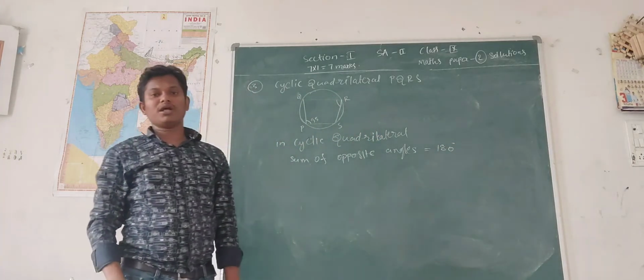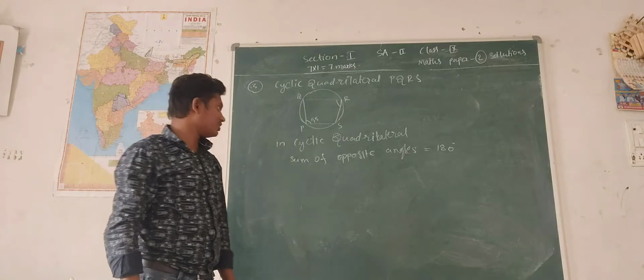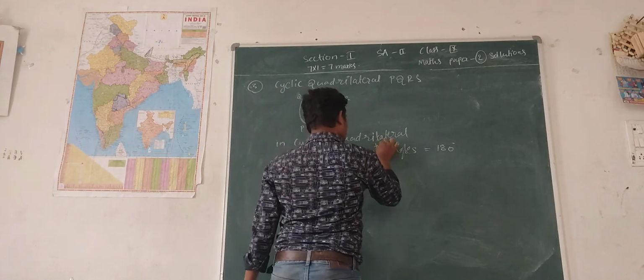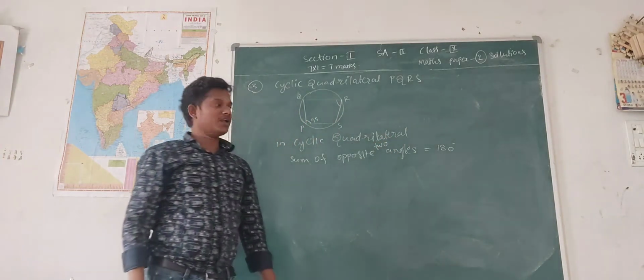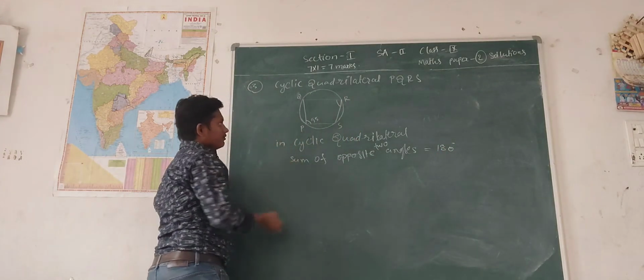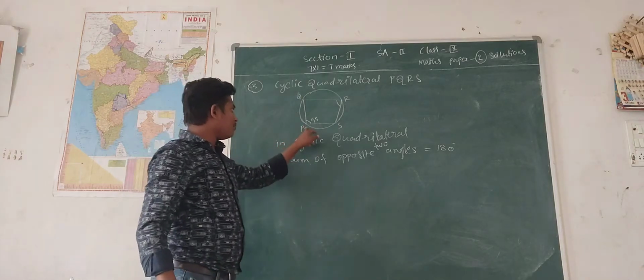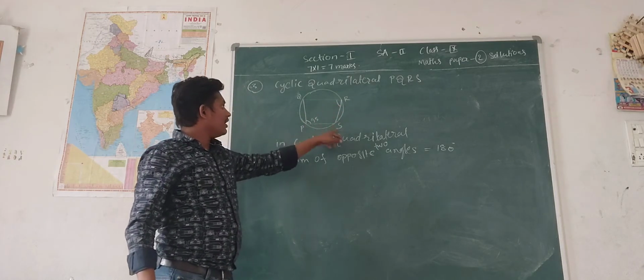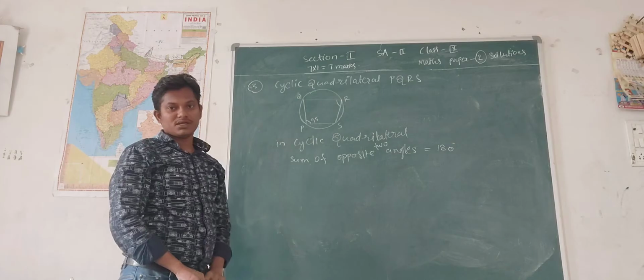In cyclic quadrilateral sum of opposite two angles equal to 180 degree, okay. So which are opposite? Angle P opposite angle R and angle Q opposite angle S, okay.